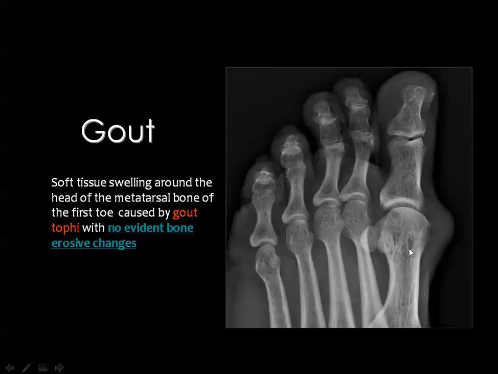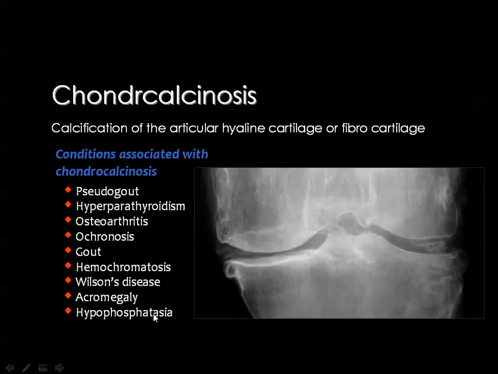You see minimal erosive changes, but you see the soft tissue swelling of the tophi. And pseudogout, or what is known as chondrocalcinosis, is the calcification of the articular cartilage or the fibrocartilage, like, for example, the triangular fibrocartilage, the menisci in the knee, and so on.